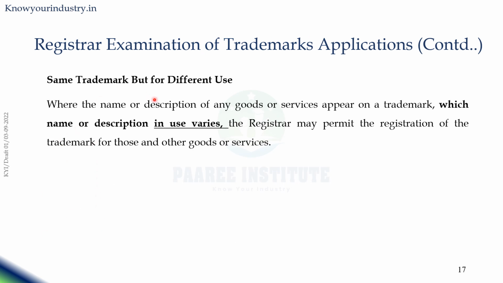Same trademark but for different use: where the name or description of any goods or services appears on a trademark, and its use varies between the earlier trademark and the current trademark, then the registrar may permit the registration of the trademark for those and other goods or services.